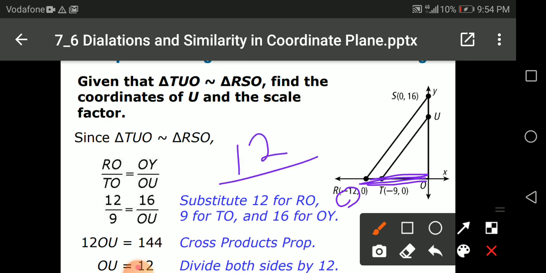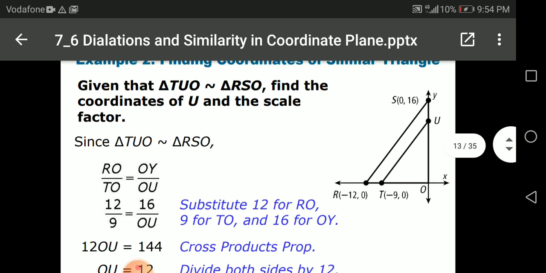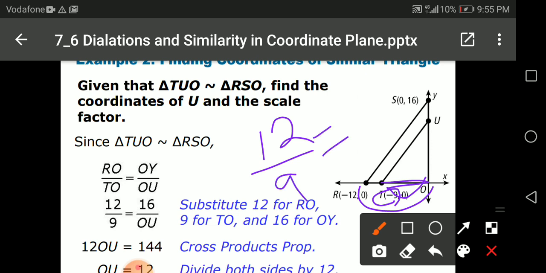And this small distance TO is 9. So we have 12 over 9 equals what?